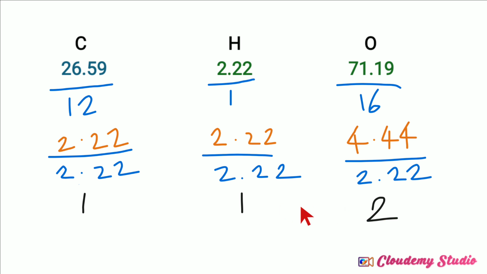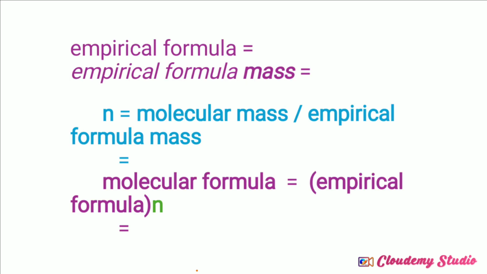Using the simplest ratio of atoms, now we can write the empirical formula, that is carbon 1 time, hydrogen also 1 time, oxygen 2 times. So the empirical formula is CHO2.